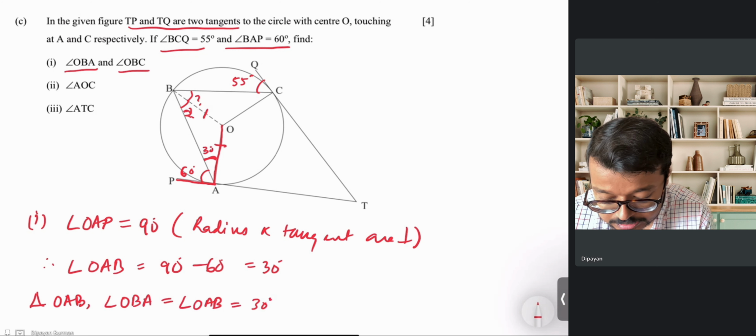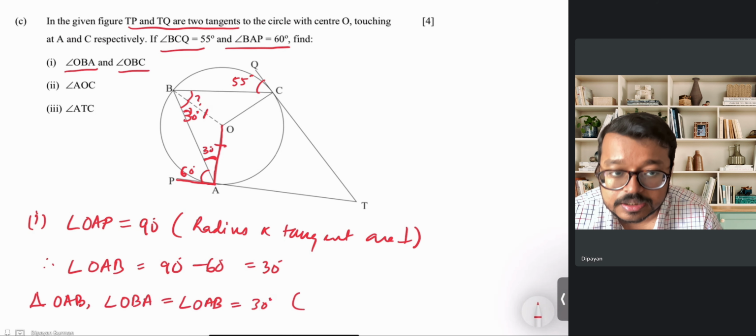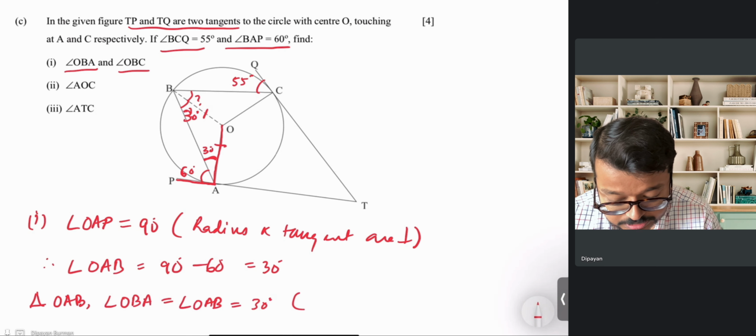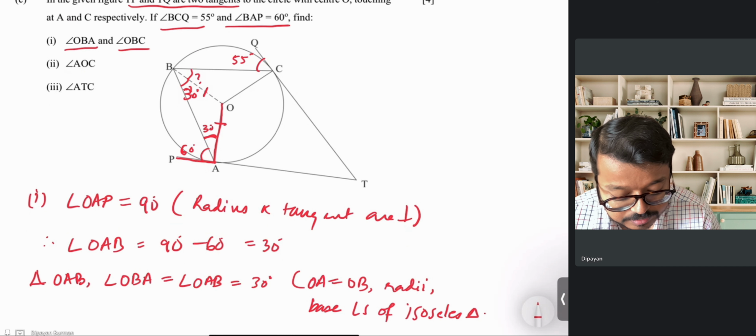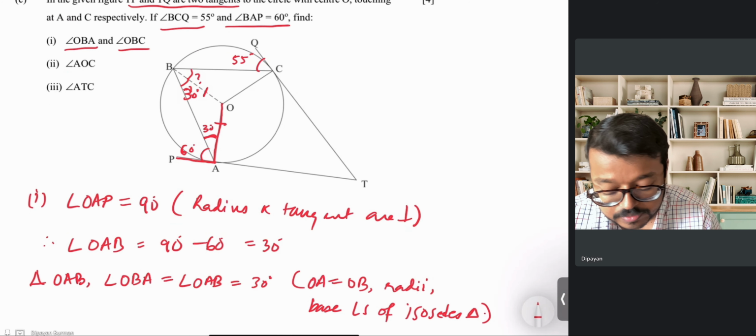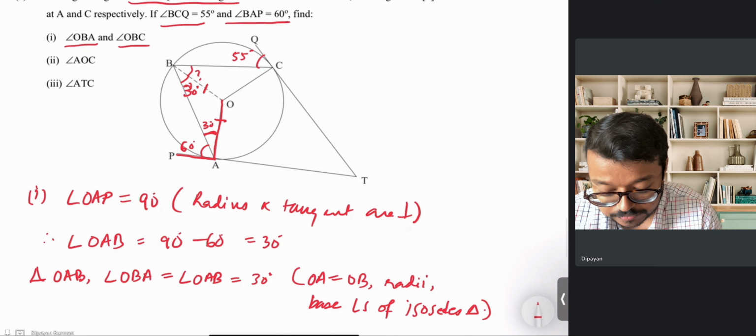So reasoning, there are two reasons. One is OA equal to OB radii, and we have base angles of isosceles triangle, which are equal. Fine.